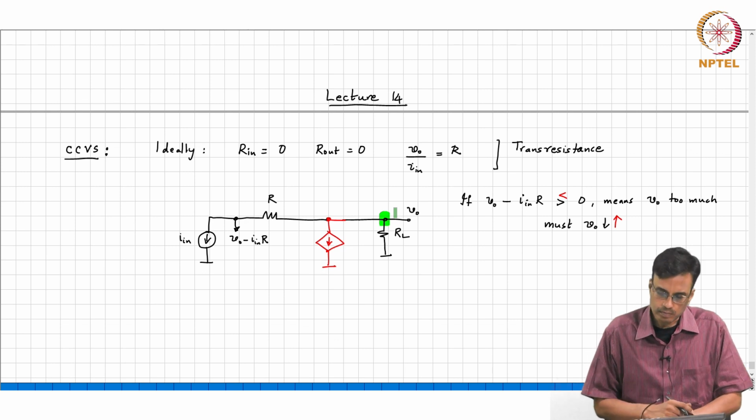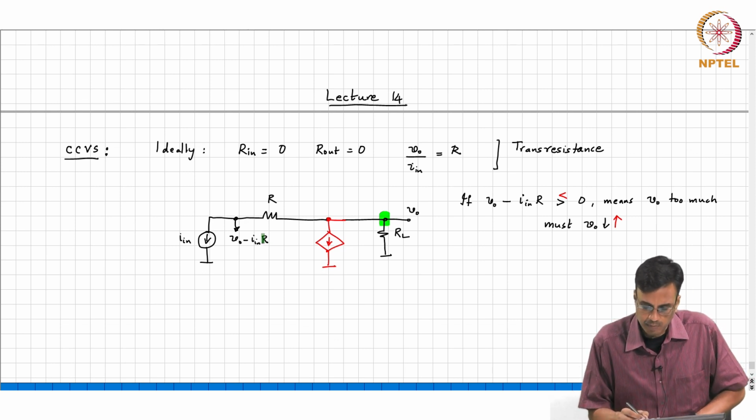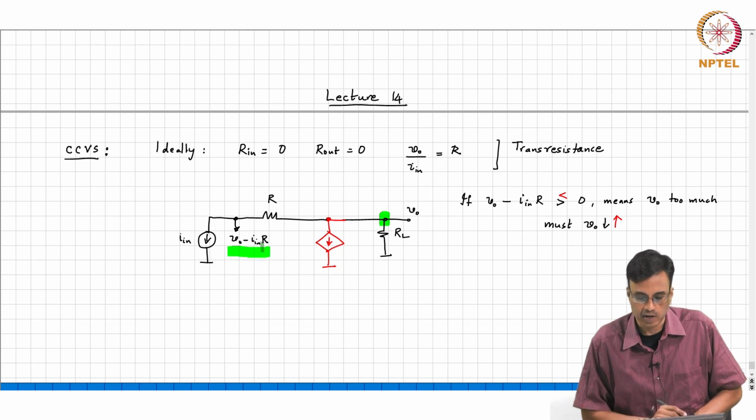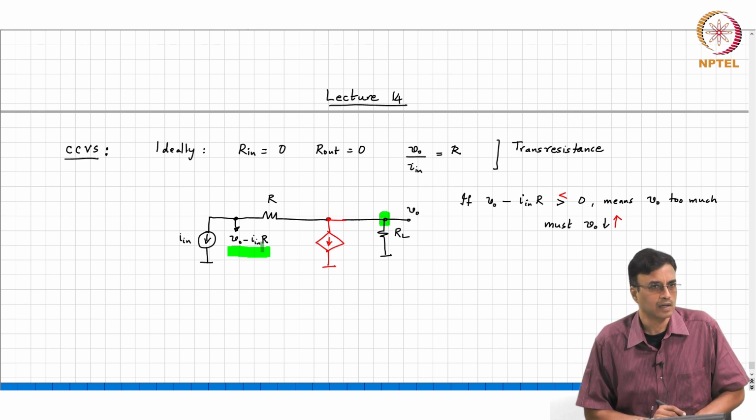So basically, if V naught minus In times R is greater than 0, it means that the output voltage is too much or too little? It is too much. So, its voltage must be reduced. So, current must be pulled out of the node V naught.